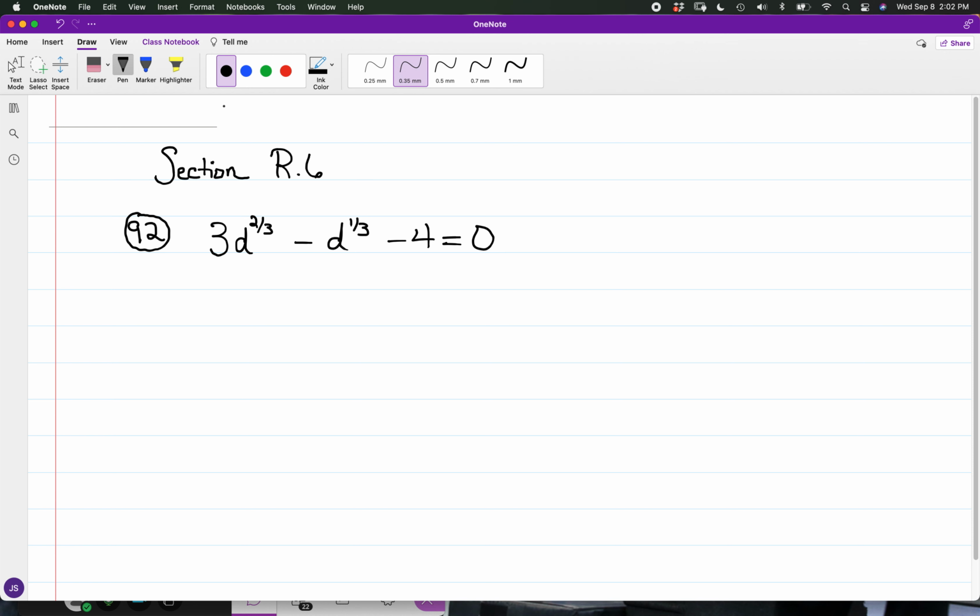And for what we have here, now we have an equation that is quadratic in form. Again, for an equation that is quadratic in form, if there are 2 variable terms that appear in the letter we are solving for, then the higher degree term will be twice the degree of the lower degree term. So with 2/3 to 1/3, you have a 2-to-1 ratio.